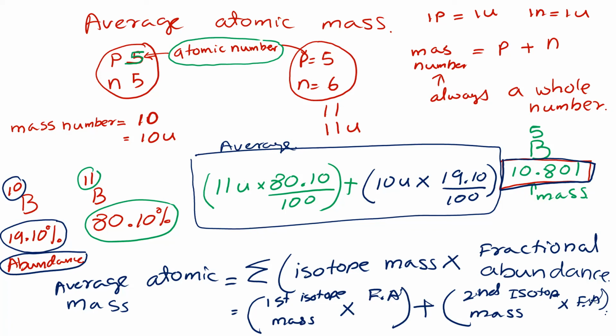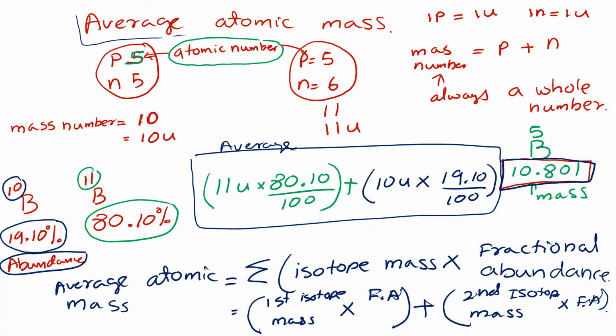Now we are going to do a lot more calculations in this, but I was just laying out the background for the concept that you have to know. When we find the average atomic mass for atoms, we do not use the regular average calculation method. We use a special technique where we consider the fractional abundance.